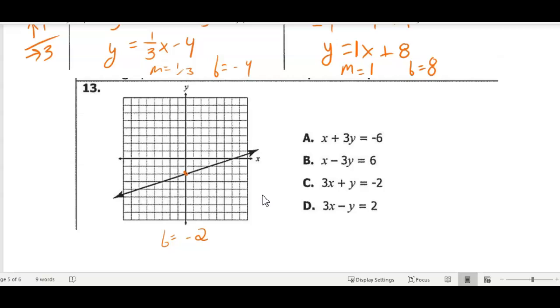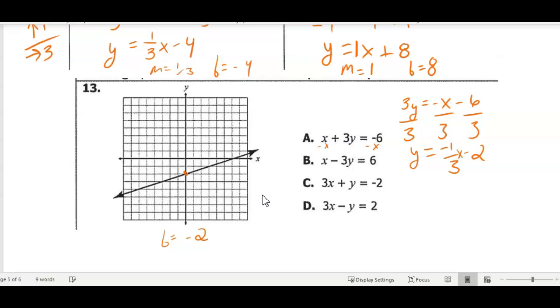So in this one, if I subtract x from both sides, I get 3y equals negative x minus 6, and I divide by 3. That leaves me with y equals negative 1/3 x minus 2. I got to carry my x down.